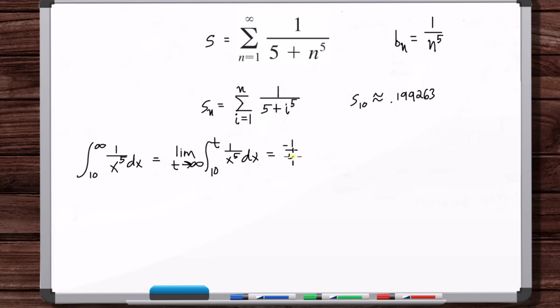So bring out the minus 1/4, times 1 over x to the 4th, evaluated from 10 to t.